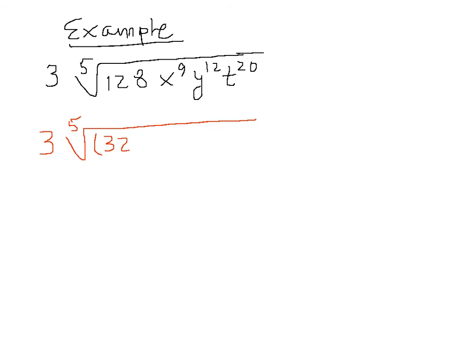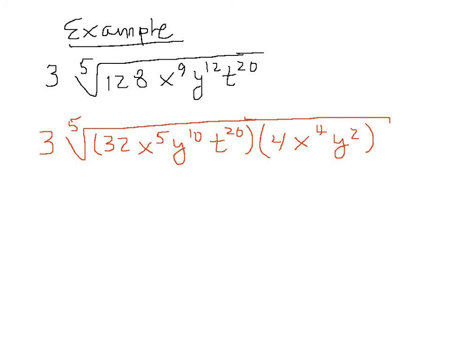And now we're going to take multiples of 5. So it's going to be x to the fifth, y to the 10th, t to the 20th, and what am I left with? I've got a 4, I've got an x to the fourth, and I've got y squared. Okay, that's the big deal.